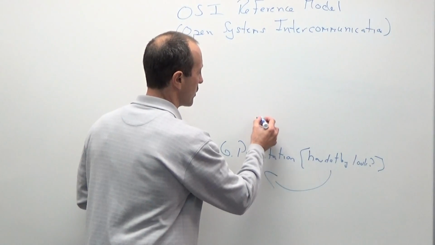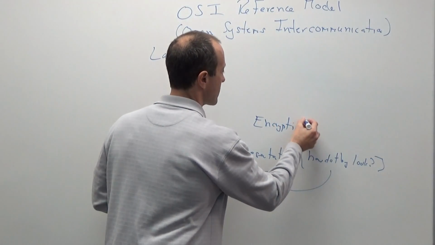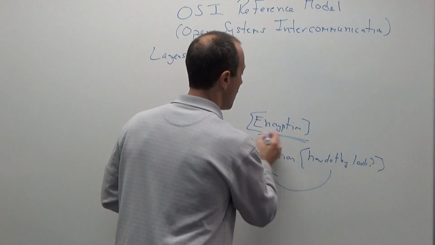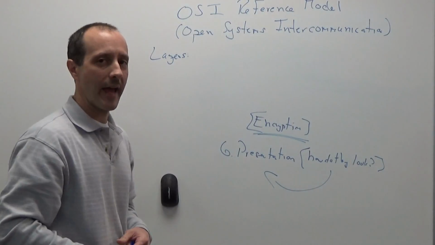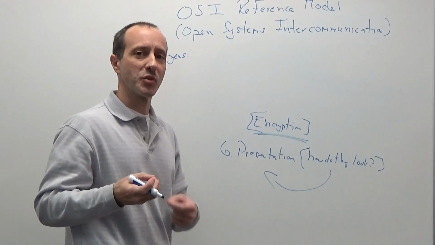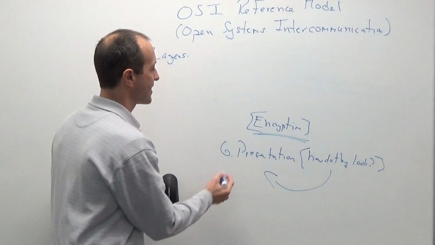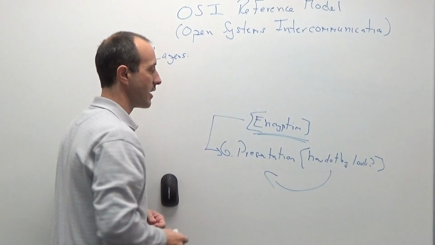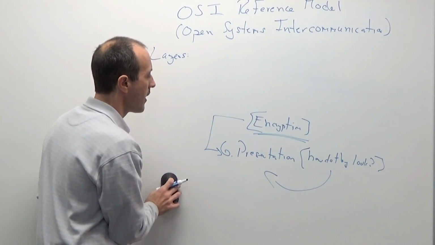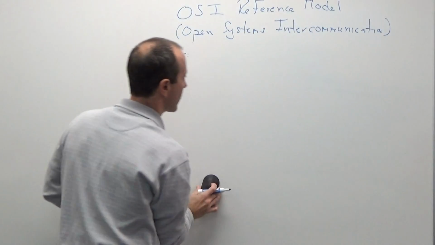We're also going to include encryption. For those in cybersecurity, you know that layer 6 handles encryption or decryption. So whether you're trying to hide data or how you're trying to hide data is right here in the presentation layer. And then finally we go to layer 7, and that's the application.